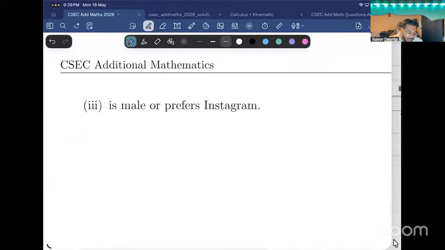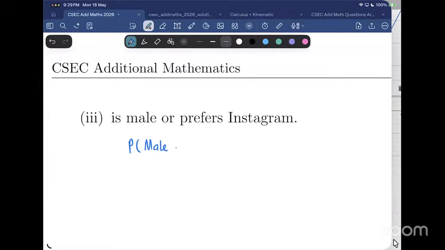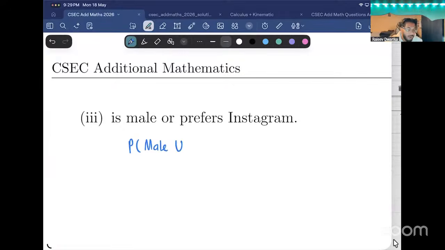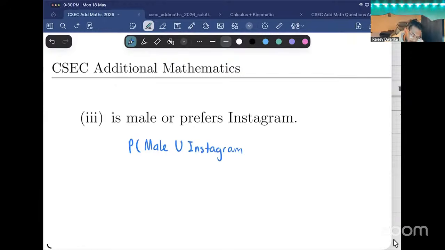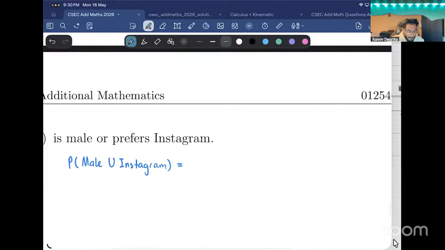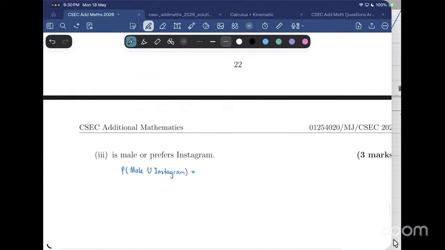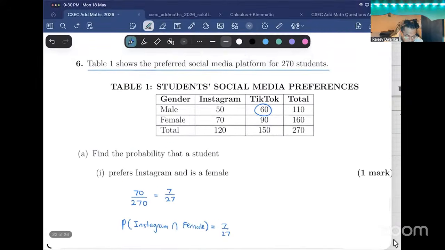On part 3, is male or prefers Instagram. So the probability of them being a male, union, means or. Anytime it's or, you can add probabilities because you're considering multiple events. What is the probability of somebody chosen being male?